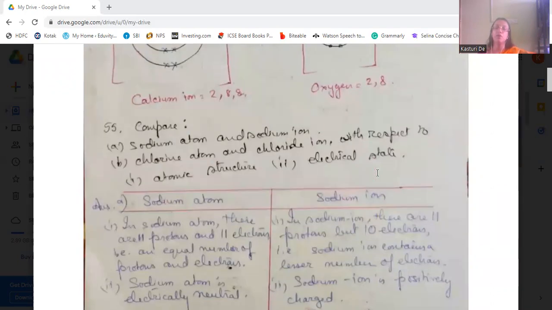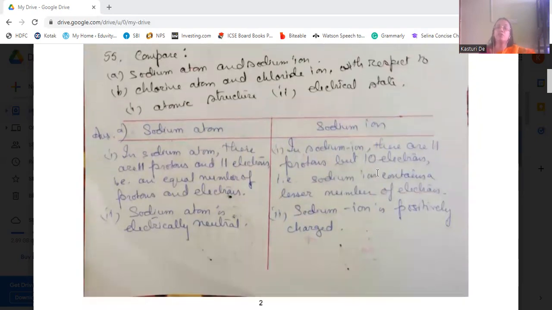Okay. Now next is compare sodium atom and sodium ion, chlorine atom and chloride ion with respect to atomic structure and electrical state. Okay. First is sodium atom and sodium ion. In the sodium atom, there are 11 protons and 11 electrons. That is an equal number of protons and electrons.